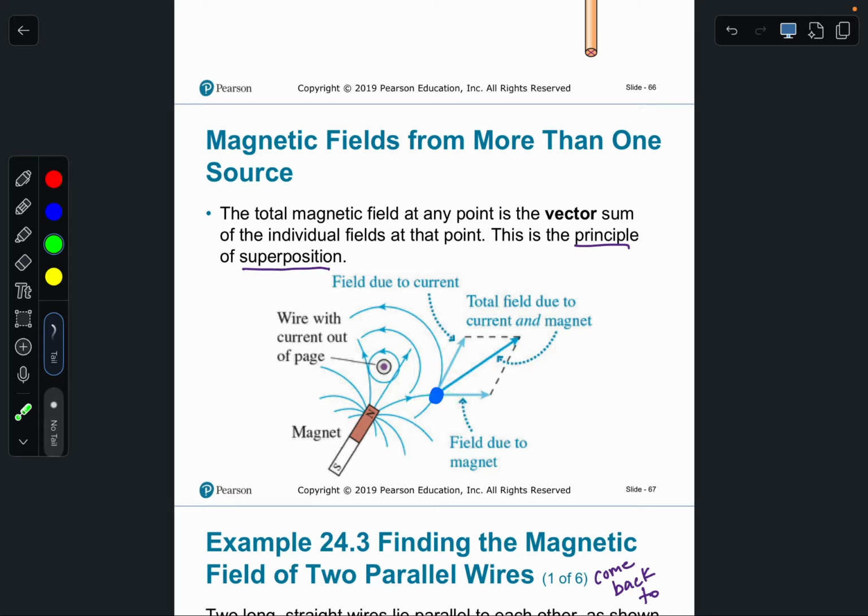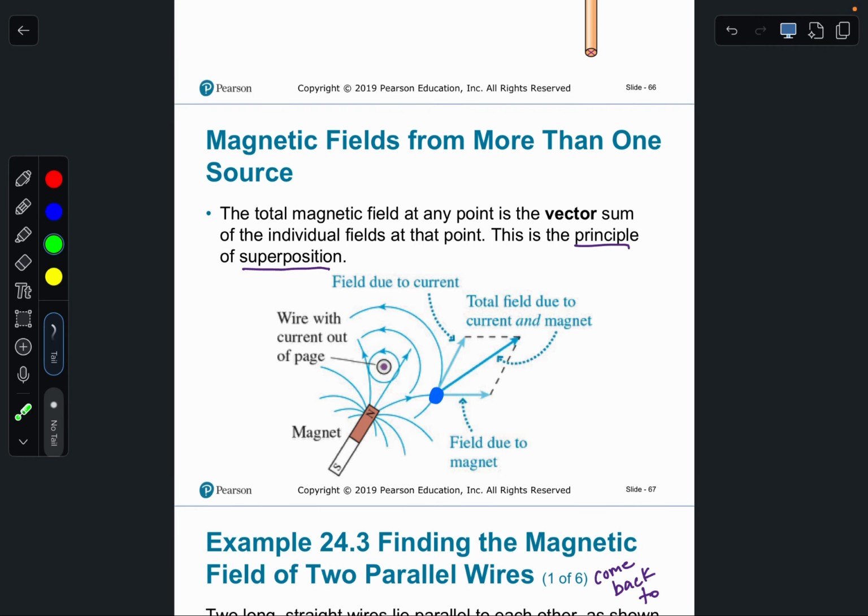That's one vector we're adding. Then you have a wire creating a magnetic field, so you do your right-hand rule. You see that it makes counterclockwise loops, and right at this point you take the tangent. These are the two vectors that you're adding together.